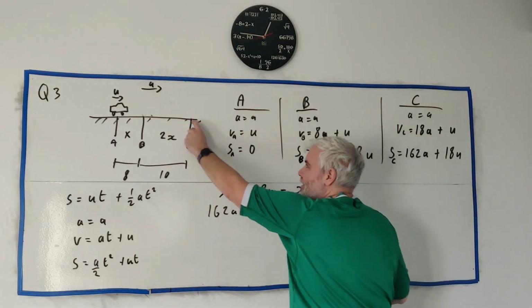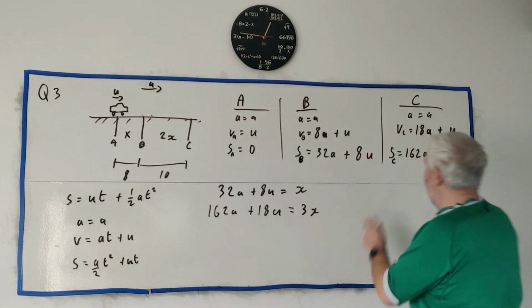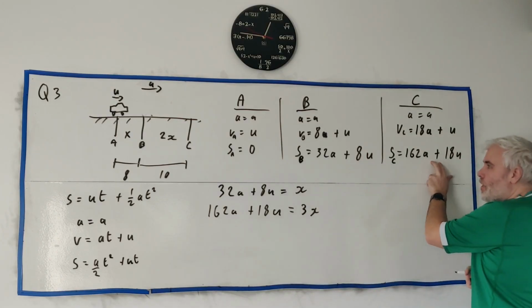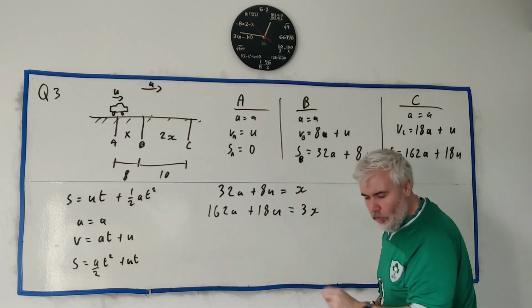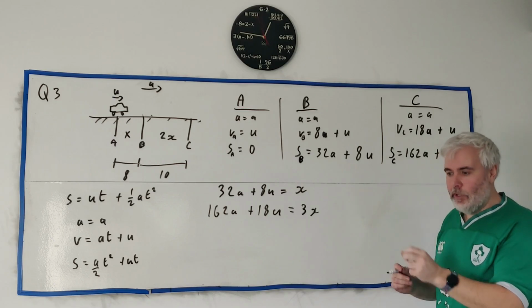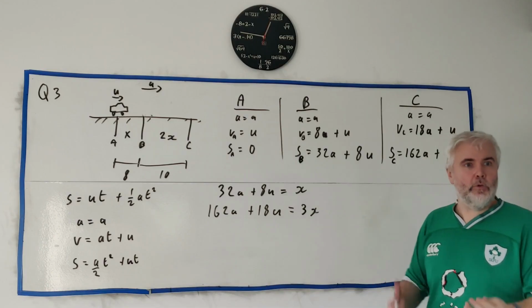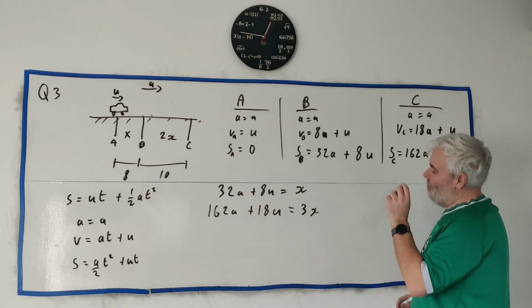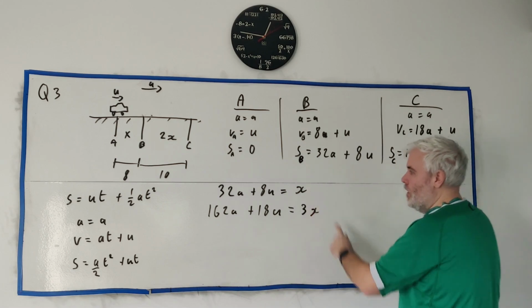It's equal to the distance from here. That's 3X. This equation is 3 times bigger than this equation. We have 2 equations, 3 unknowns. We can get rid of one, down to 2, which is what we wanted. Hopefully that was clear. What I'm saying is multiply this top one by 3.